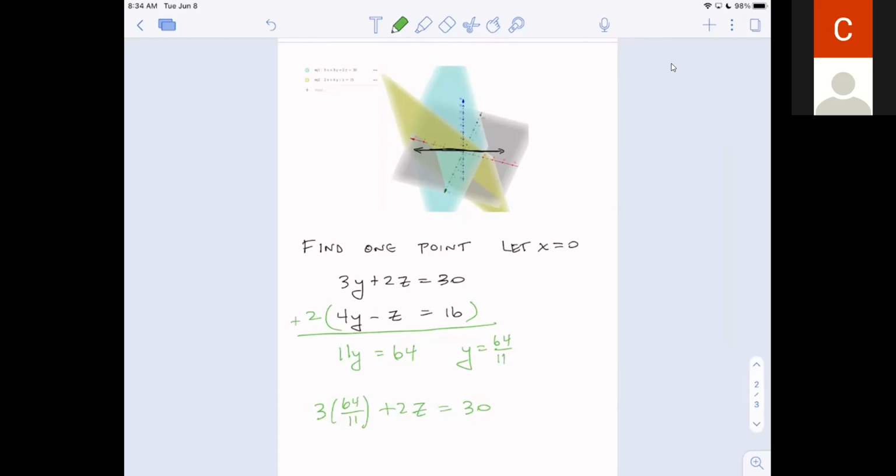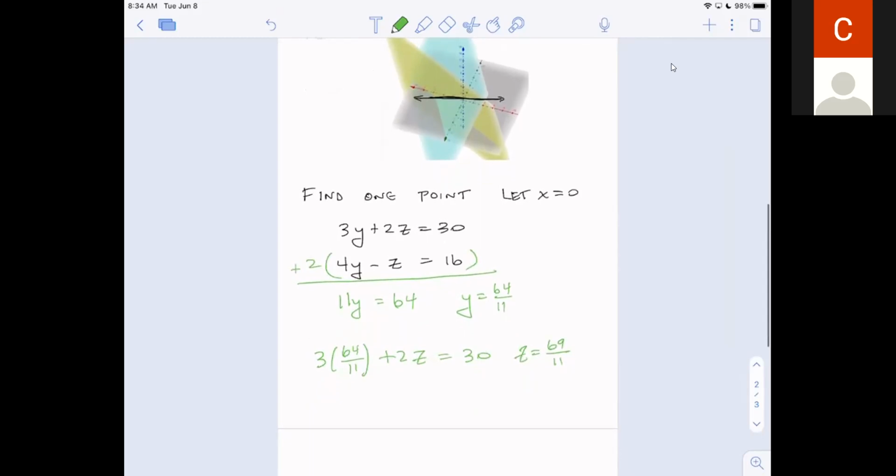Ask my calculator to convert that to a fraction for me. I got 69 over 11. So z is 69 over 11. And so I actually found a point: 0, 64 over 11, 69 over 11. There's a point that's on that graph.